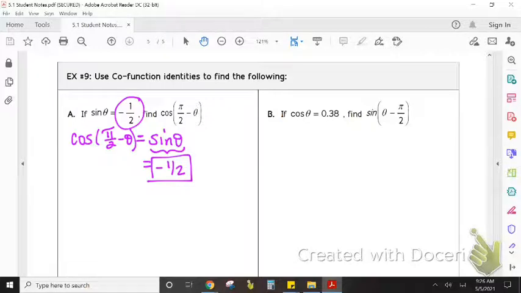B, we're going to have to think a little bit more here, okay? All right, so it wants us to find sine of theta minus pi over 2. Notice they switched it around on us, okay? So remember, though, if we had sine of pi over 2 minus theta, that would equal cosine of theta, correct?